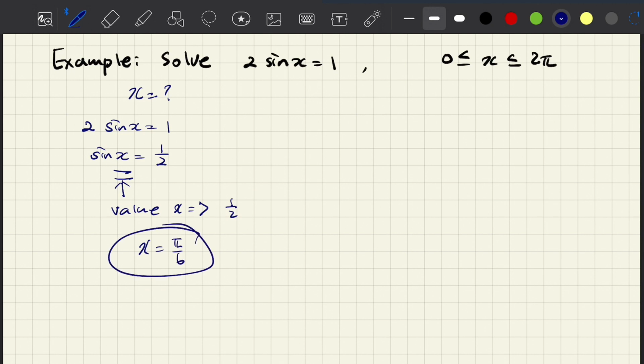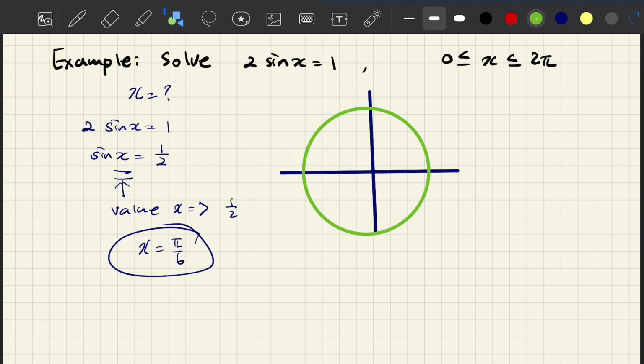So what this implies is, when you have a CAST diagram like this, we have a unit circle, and there's an angle pi over 6, and it gives the sine x value 1 over 2, right?